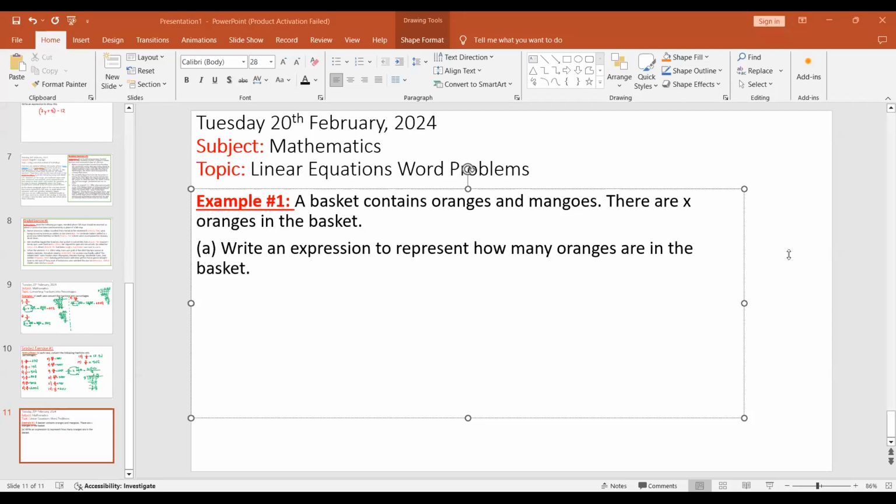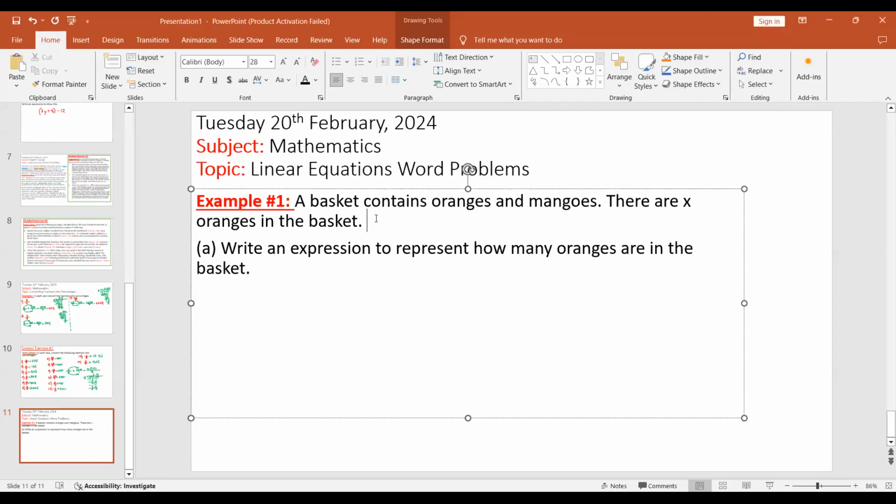So there are X oranges in the basket, and it contains oranges and mangoes. So write an expression to represent how many oranges are in the basket. I think I'm missing part of this question. Oh, there's one more part that I missed.